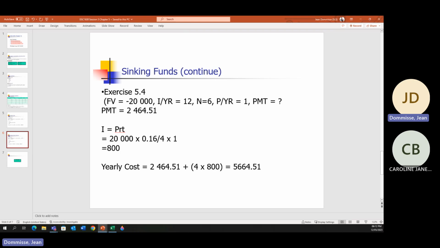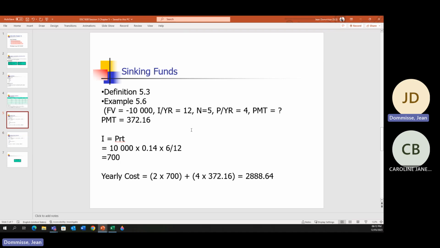That's the only place where I can see one making a mistake with a sinking fund: instead of the 12%, you would have used 14%, and instead of quarterly, you might have used half yearly.